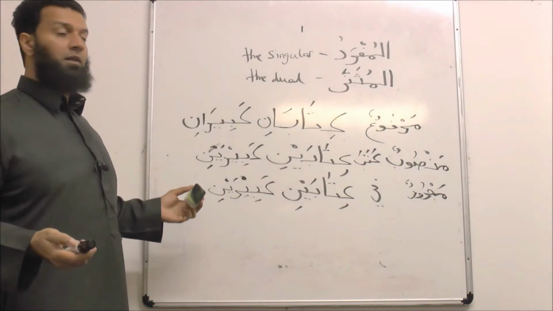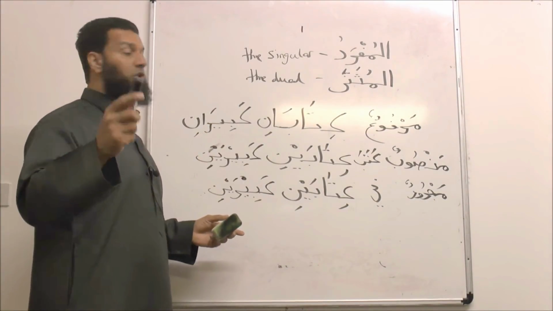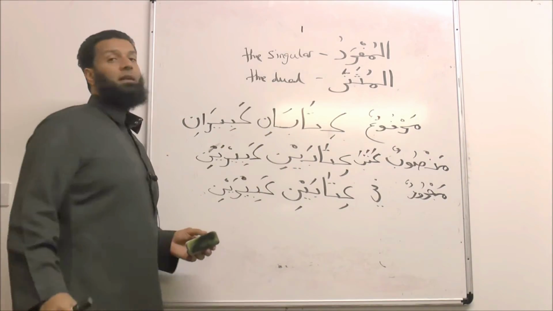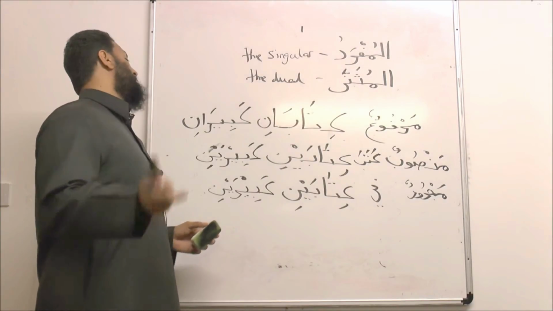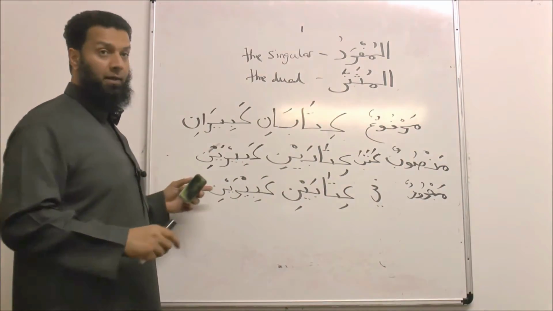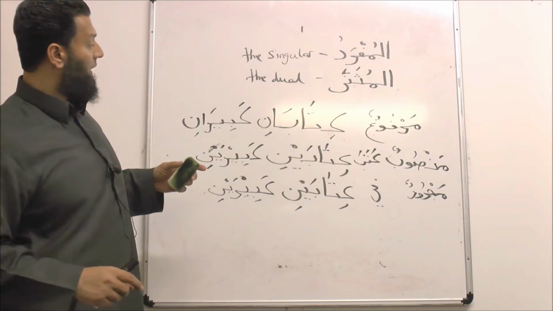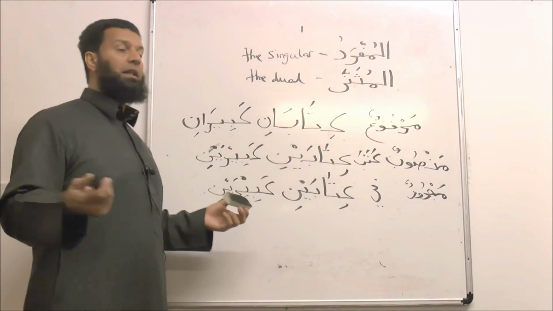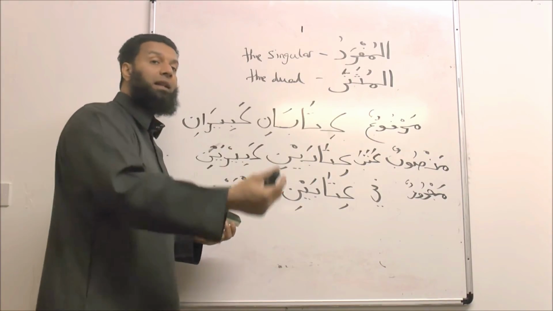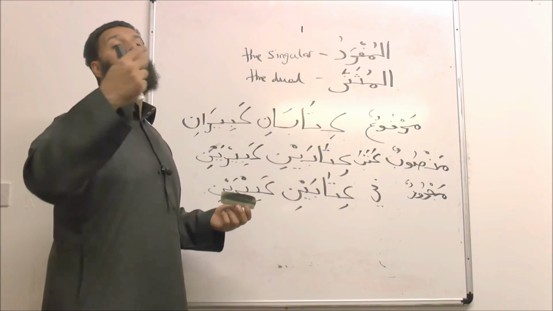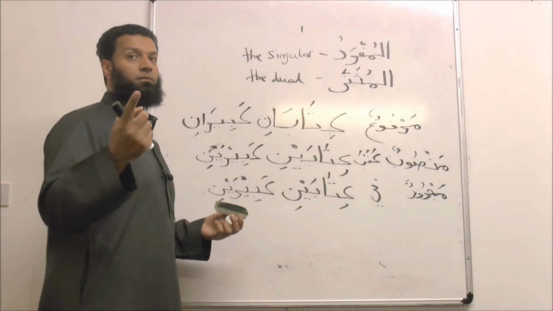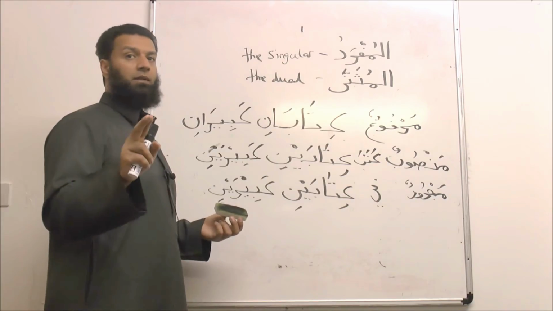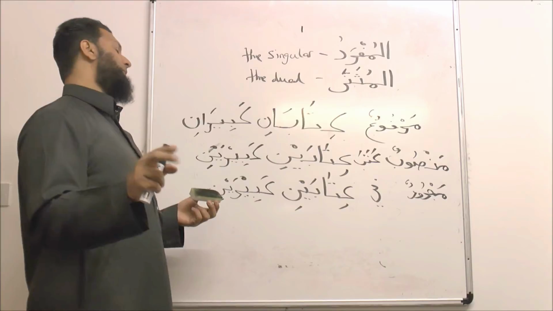So the sifatun has to match the mawsufun, the ismun that it's describing, in number, in addition to the other three matters. Similarly, if it was female, it would be سيارتان كبيرتان, because both have to be marfu'un.